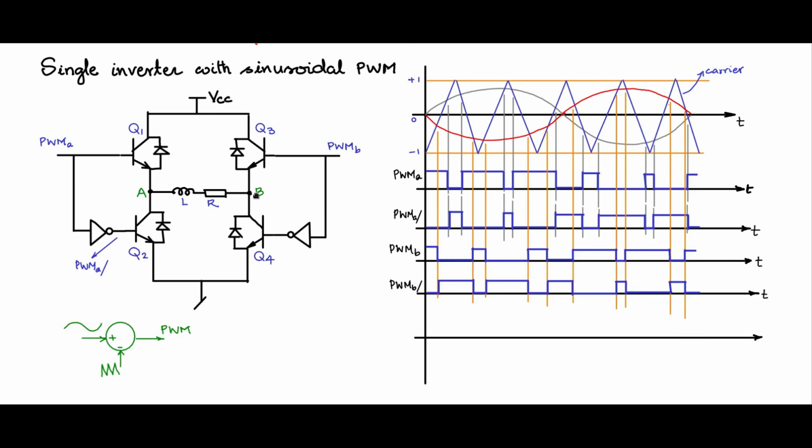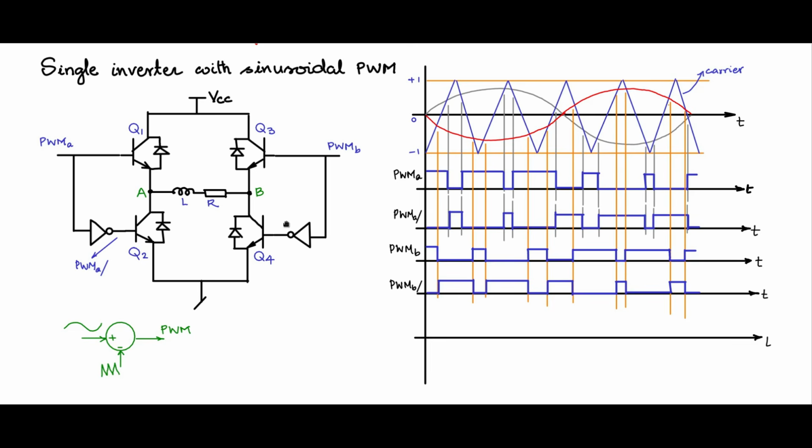Likewise, potential at B with respect to ground will swing from VCC to 0. It will be like PWM-B, only the amplitude will be VCC. So the difference between PWM-A scaled with VCC and PWM-B scaled with VCC, the difference between those two waveforms should give you the voltage waveform VAB.